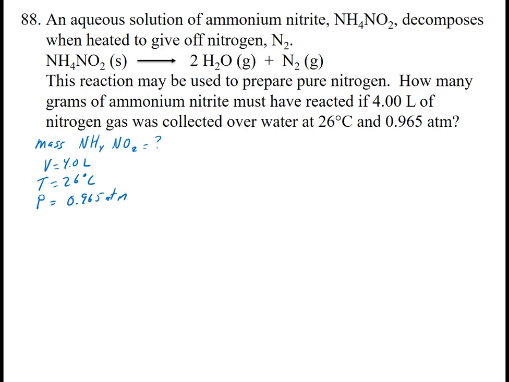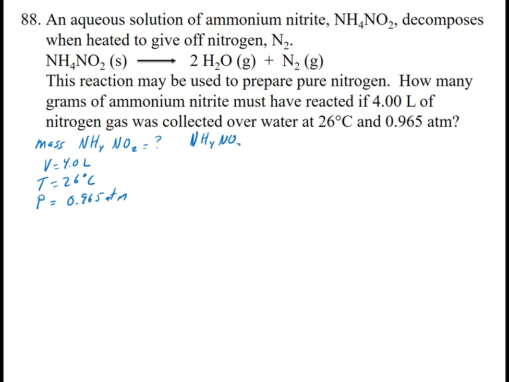Now, this is the total pressure here, and in order to do this problem, I just need the pressure of nitrogen. This is also a stoichiometric problem because I'm given information about nitrogen and asked about ammonium nitrite. So I'm going to do the same thing I did in the earlier video.